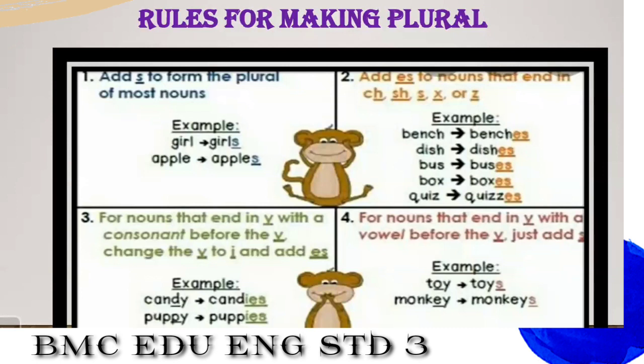If the word is ending with ch, sh, s, x or z, you have to add es. Third rule is what? If the word is ending with y, remove y and add ies. Fourth rule is if the word is ending with y and there is a vowel before y, so add s.